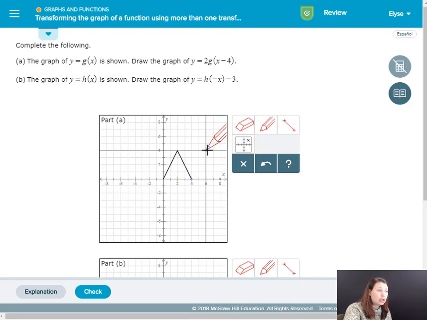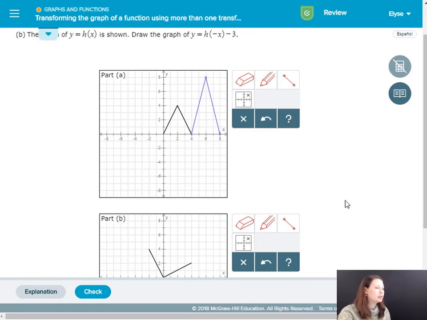We multiply it by 2, so instead of being at 4, it goes up to 8. So we take away this point now, because we stretched it, and then we pick this line tool here, place the first point, the second point, and then choose it again. First point, second point, and there's our function, okay?